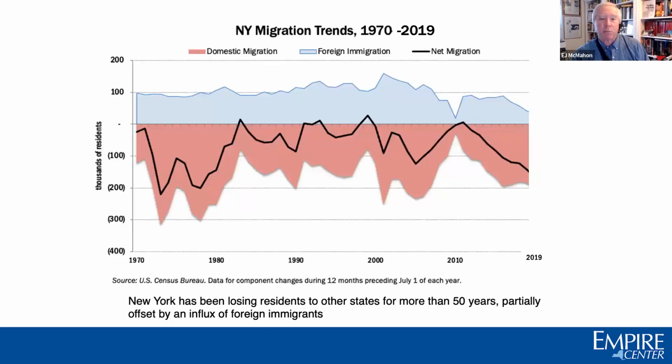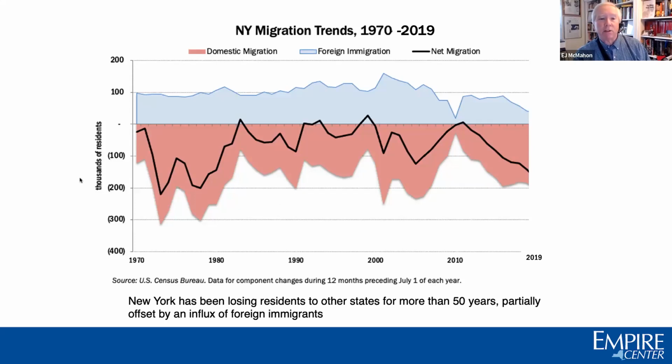And what the story is basically is from 1970 to 2019, in fact, even further back into the 1960s, New York has been experiencing significant net domestic migration. That is, more people are leaving than moving in from other states. We've consistently been, in terms of the percentage of our base population, the leading state, sometimes rivaled closely by California, but not always. We've had the biggest net domestic migration losses.